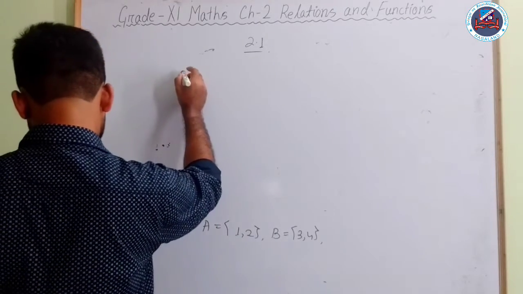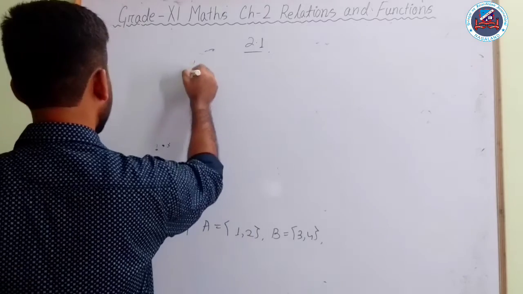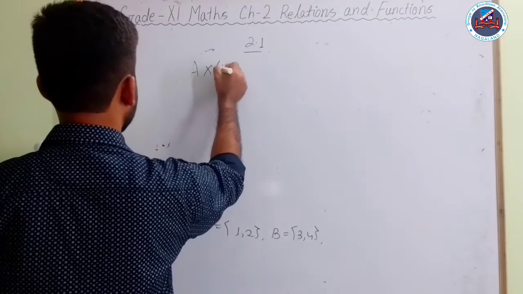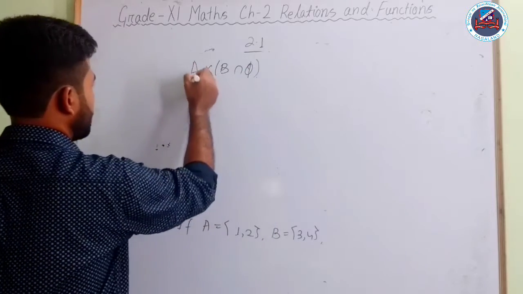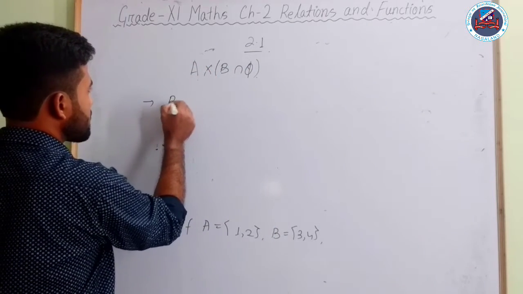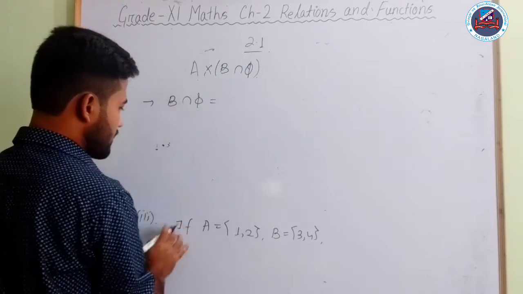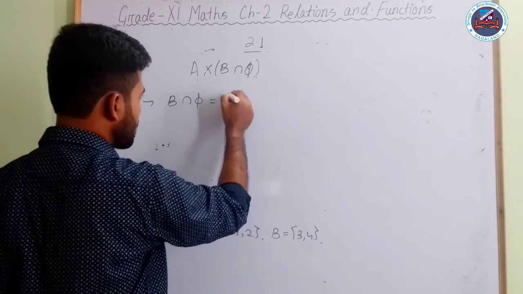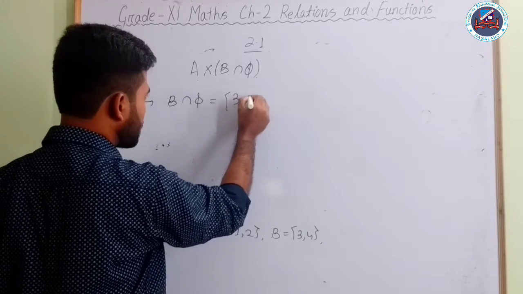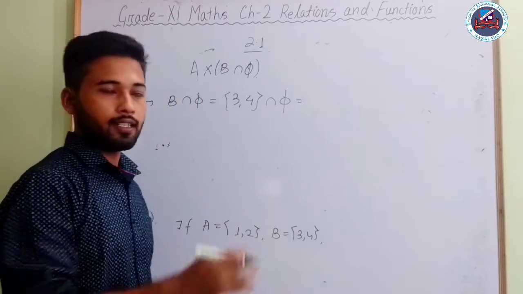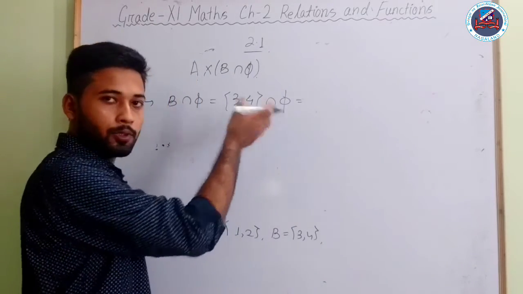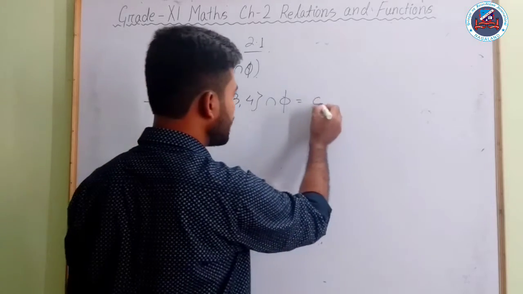At first, what we have to find? We have to check A cross (B intersection phi). Now at first, what is B intersection phi? This is our B, so B is {3, 4} intersection phi. From the properties of sets, if I intersect any set with the empty set, then it will be phi itself, isn't it?